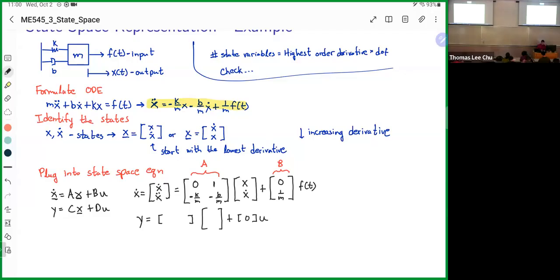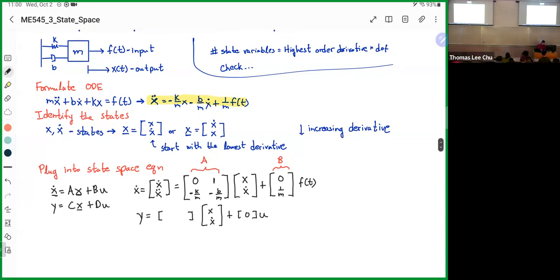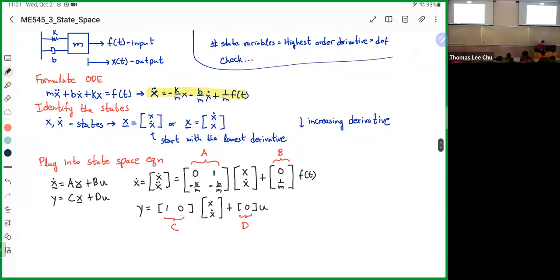I'm going to just put a 0 there because we don't have our input showing up. For our position, what do we need in this row vector? Yep, 1, 0. Thank you. So that's our C matrix, and that's our D matrix, or constant in this case.